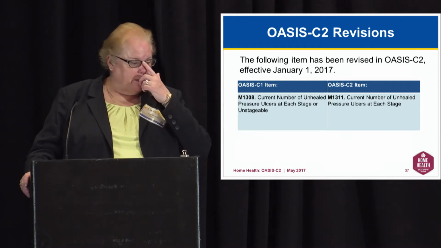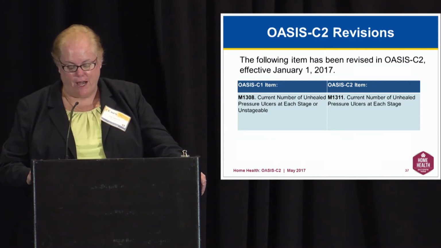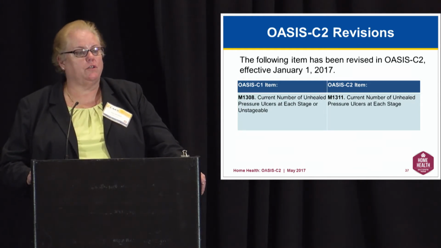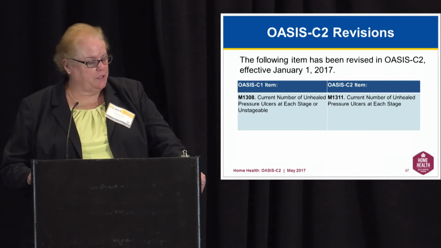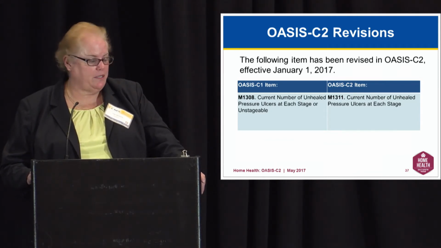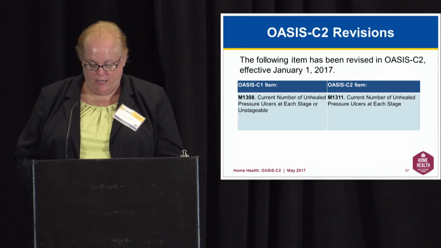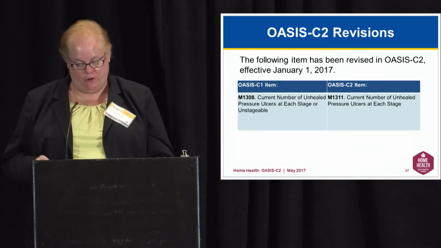So let's look at the C2 revisions. The following items have been revised in the OASIS-C2 effective January 1st, 2017. So they've been in place for a few months. The C1 item was coded at M1308, and now the number is M1311. And you'll notice that the item tag has changed a little bit.